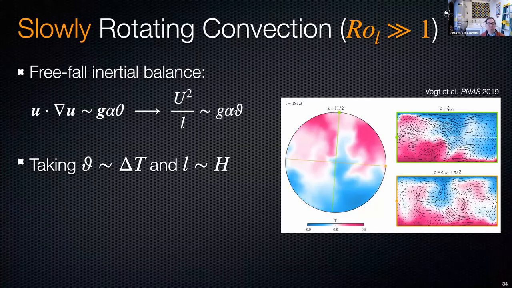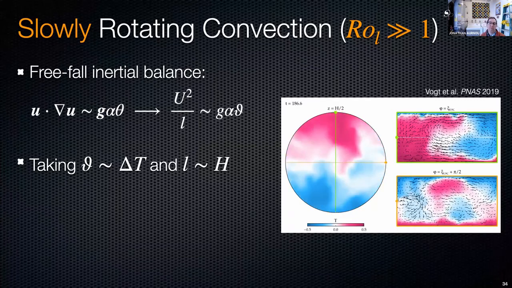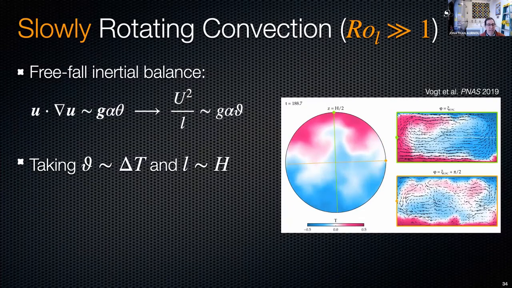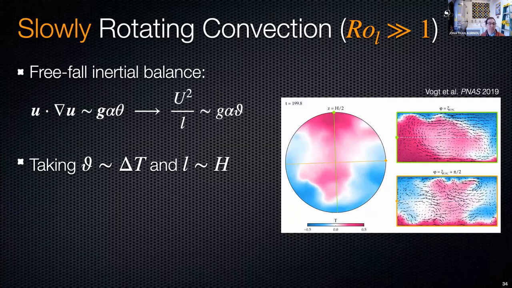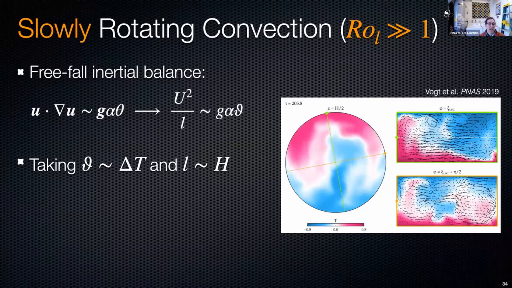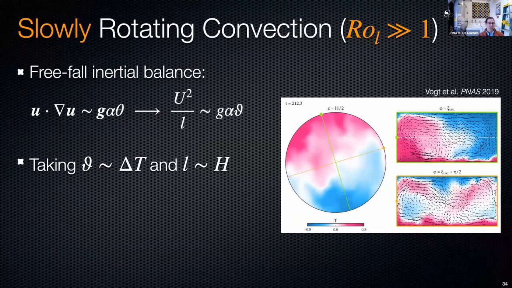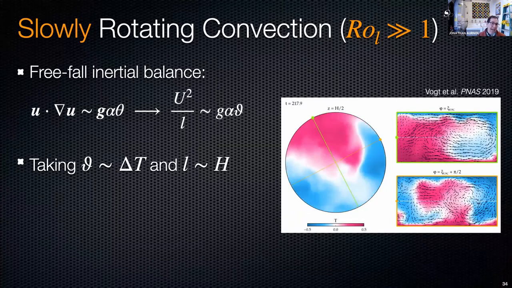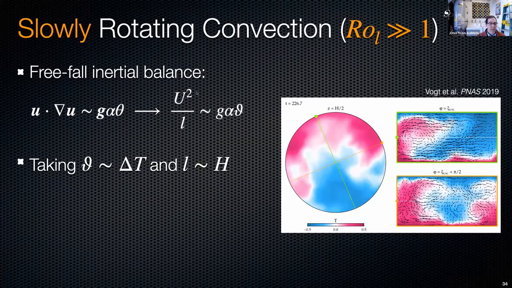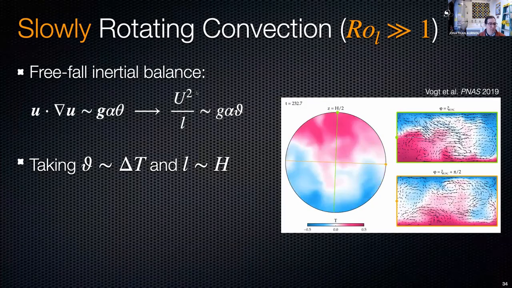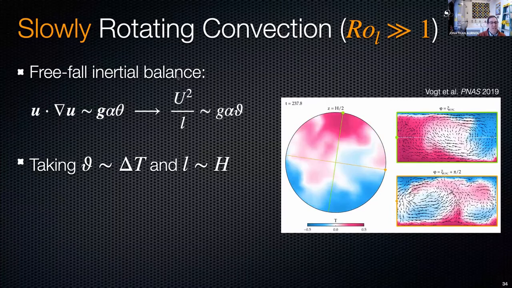And so I'll show you some results here from Vogt 2019, where this is a simulation carried out by Susanna Horn as part of that study. It is looking at a tank of liquid metal, aspect ratio 2, and there's convection in that tank. And what you see is you get a very large scale flow.